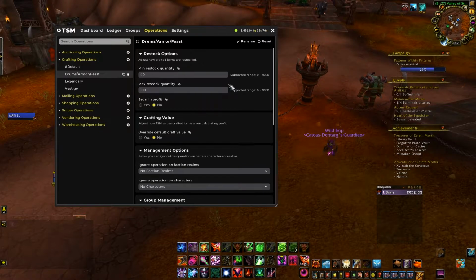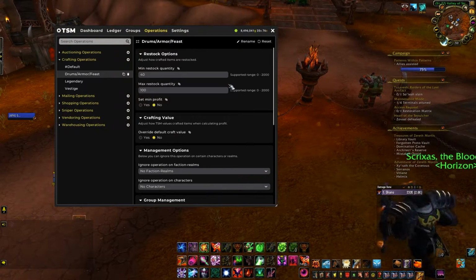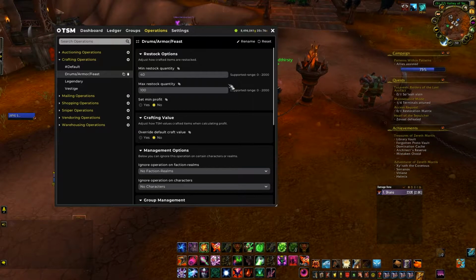So if I have 70 of the feasts in my inventory or on auction, TSM's going to say, well, you're not at 100, but I only need to make 30 to get you to your max amount. We're not going to do it. So when I sell some more, if I get down to 60 or below, then it's going to say, you know what? Now we can make 40 or more, and you have less than 100 total. Let's go ahead and start making them.